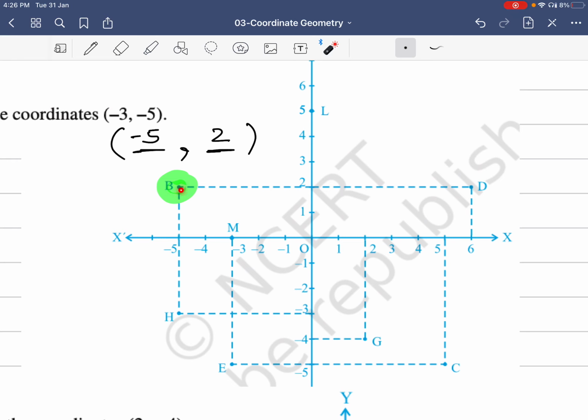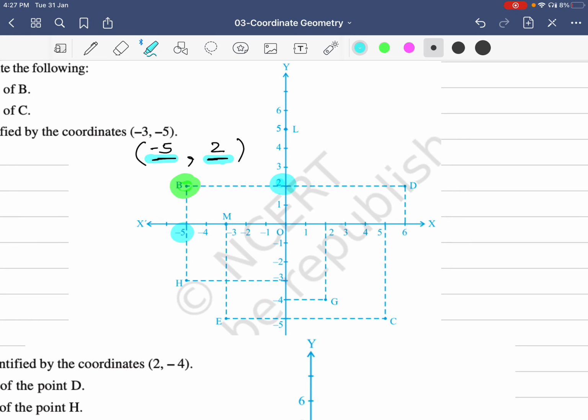Wherever the perpendicular meets the x axis, I'll highlight the point, that point will be the x coordinate, so -5. And wherever it meets the y axis, that point, 2, will be your y coordinate. So that's a very quick and fast way to determine the exact x and y coordinates of any given point.